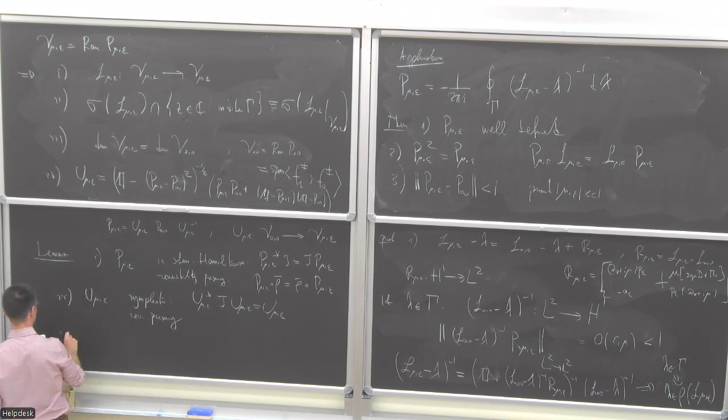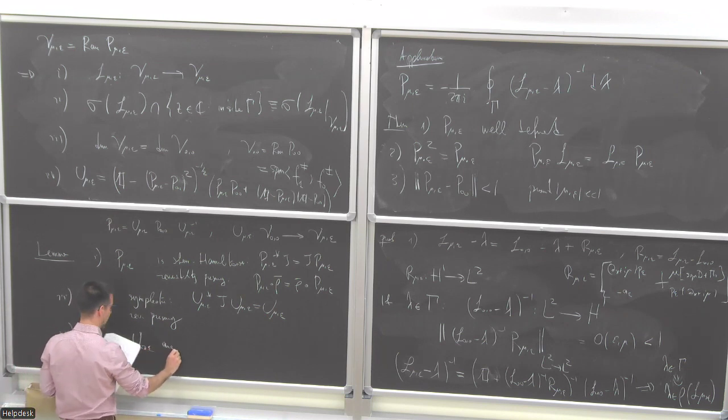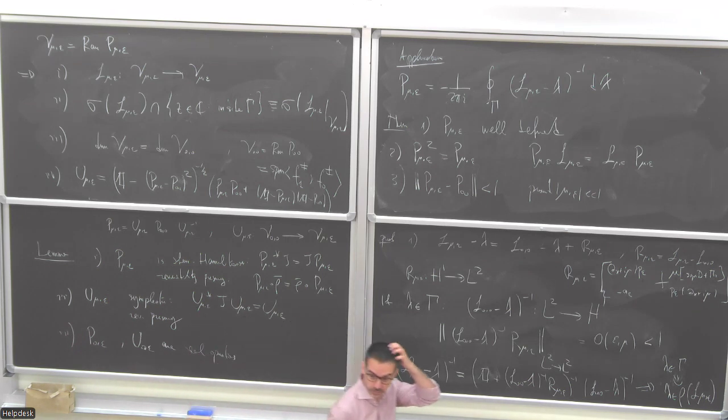And the third property that you can prove is that P0 epsilon and U0 epsilon are real operators, meaning that it sends real vectors into real vectors.